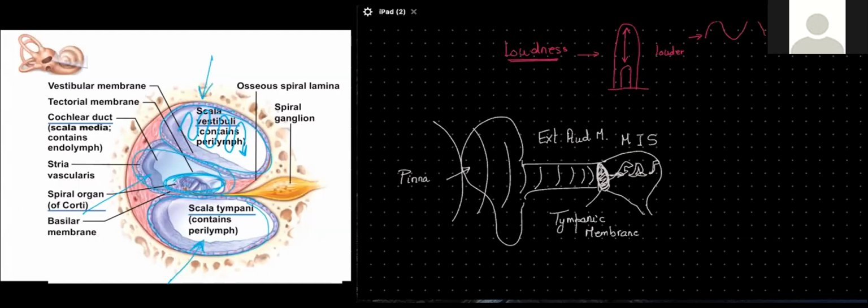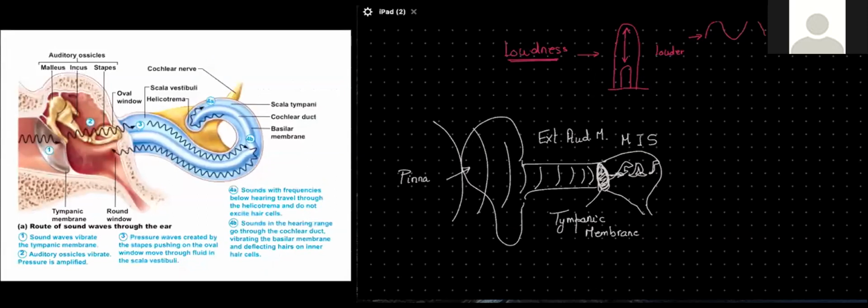In order for me to hear a sound, what's going to happen? The vibrations are transmitted from the eardrum to the malleus, to the incus, to the stapes, and then will travel through the oval window to reach the fluid of the scala vestibuli.